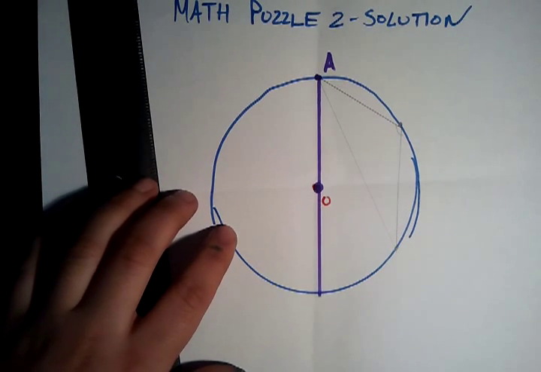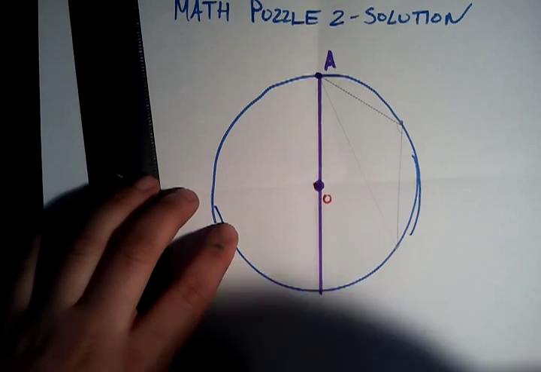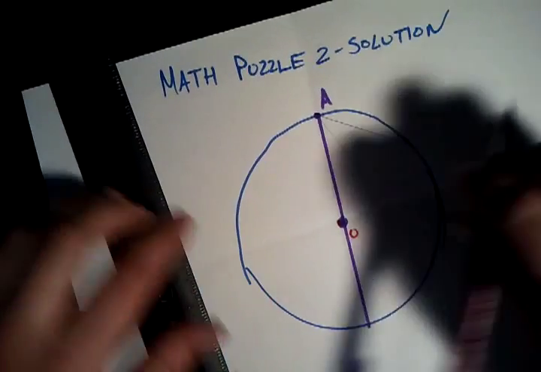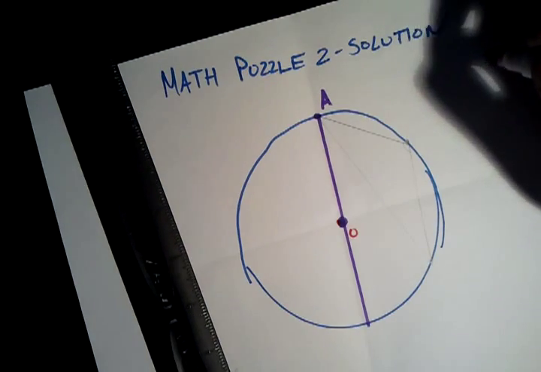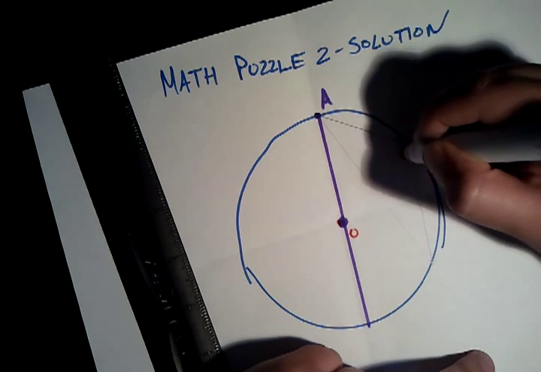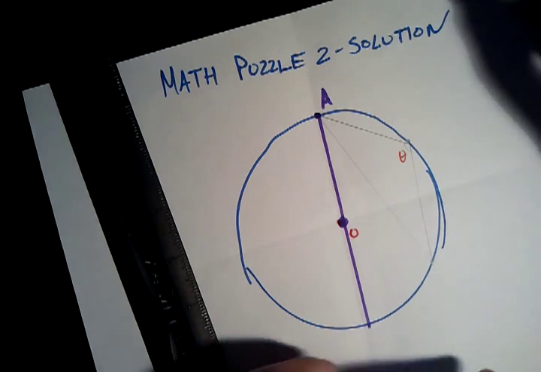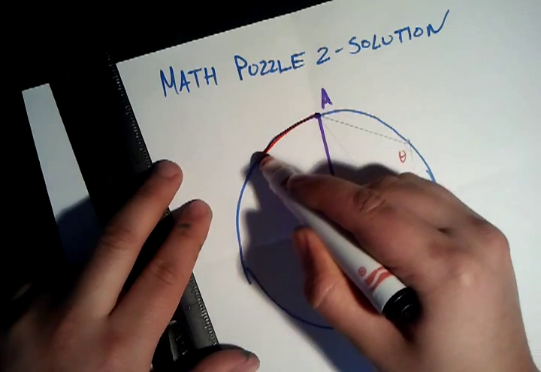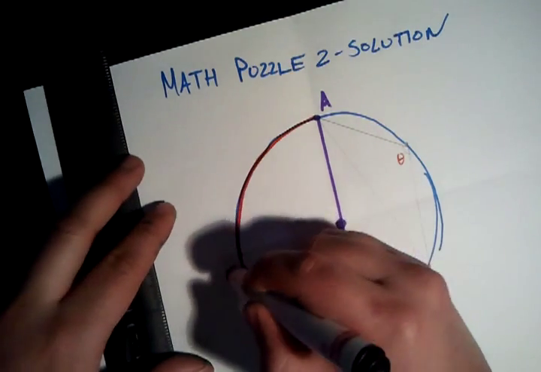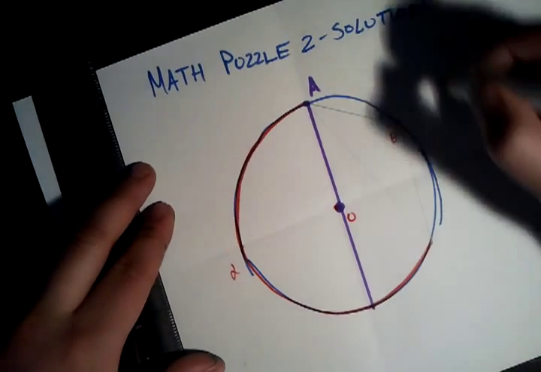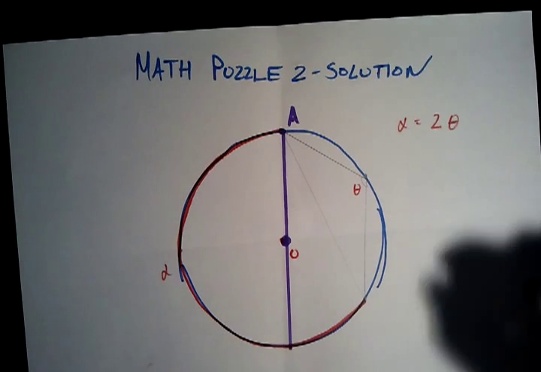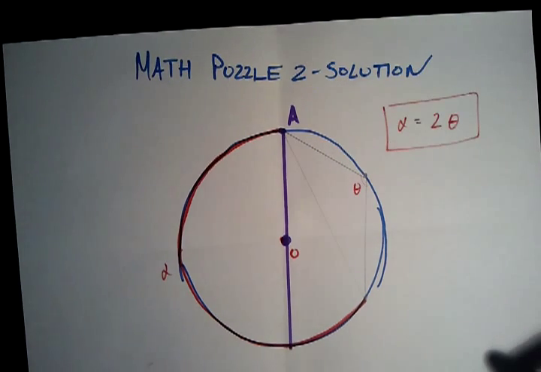Why is this? It's because of this. If it's an obtuse triangle, remember there's a relationship between the angle, let's call this angle theta, and the arc. So this arc right here that is captured by that obtuse angle, let's call that alpha. And alpha equals 2 times theta. That's a relationship about circles.